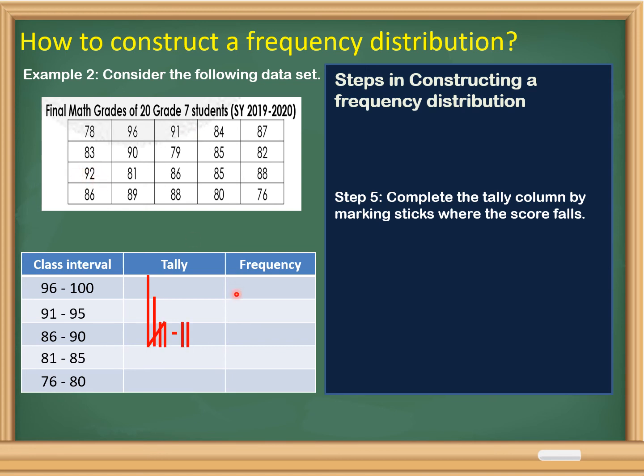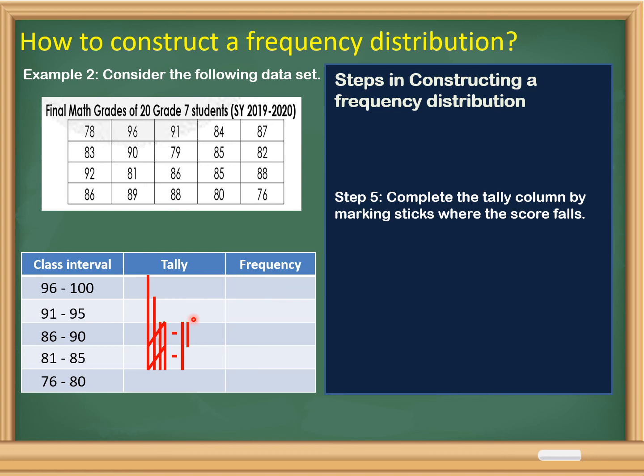Next we have 7 because the scores that fall in this interval are 87, 90, 86, 89, 88, again 87, 90, 86, 88, 86, 89, 88.